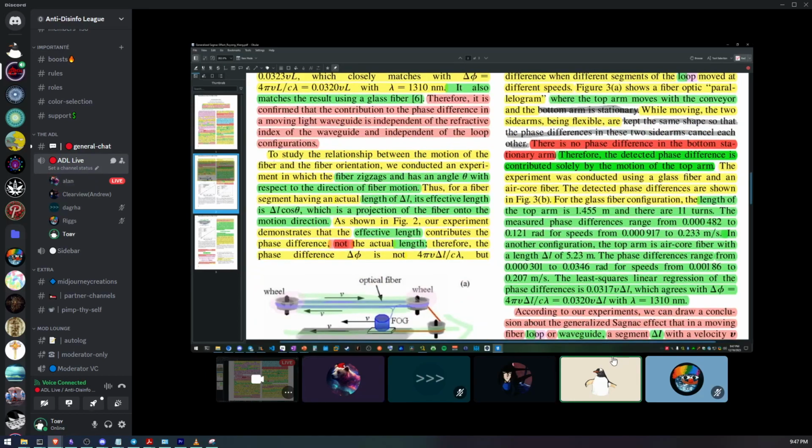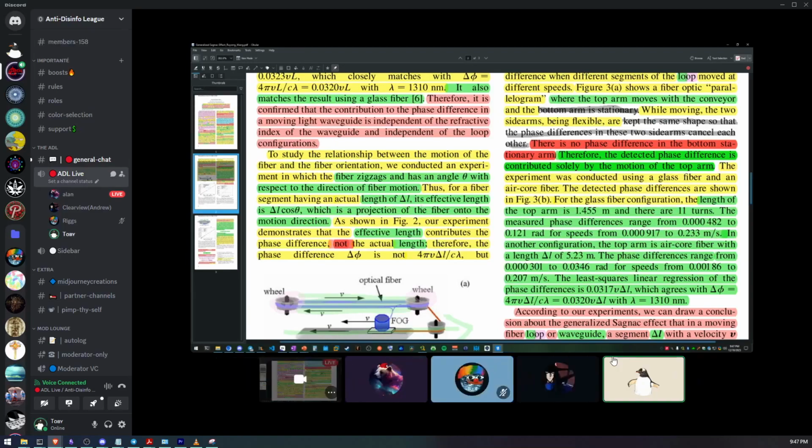To study the relationship between the experiment in which the fibers, he's not describing. I wanted to see how the FOG with the sensors is being pushed, how that motion is related to the conveyor, the FOC.